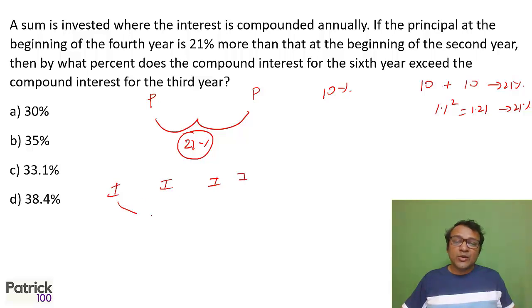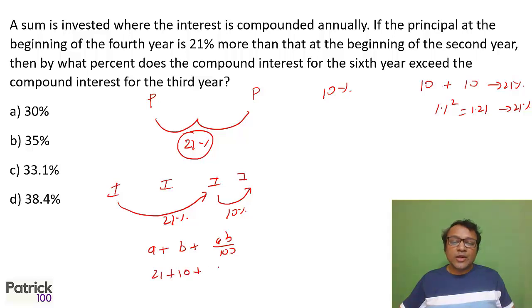But here it is 3 years. So I know it increased by 21% for 2 years. It should increase by a further 10% in 1 more year. So the total increase will be compounded. You can use the formula A plus B plus AB upon 100, which is 21 plus 10 plus 21 into 10 upon 100. If you solve this, it becomes 31 plus 2.1, which is 33.1.